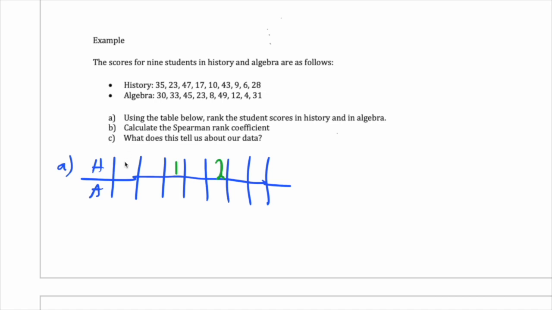Then we have 35 here, and then 28, which is the next one. Then 23 is 5th place, and this is 6th. Am I missing one? 1, 2, 3, 4, 5, 6, 7, 8, 9.